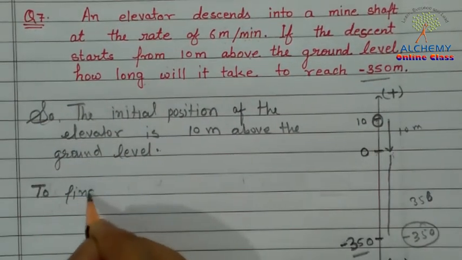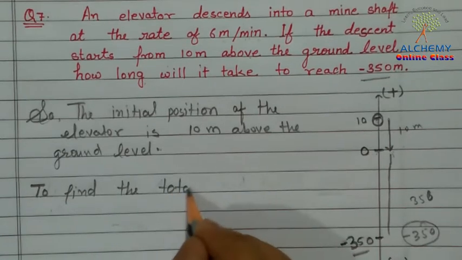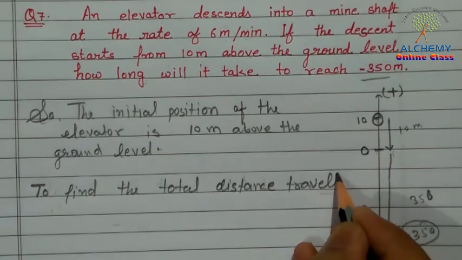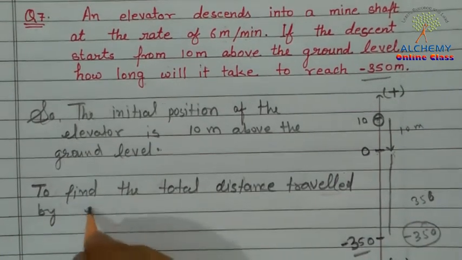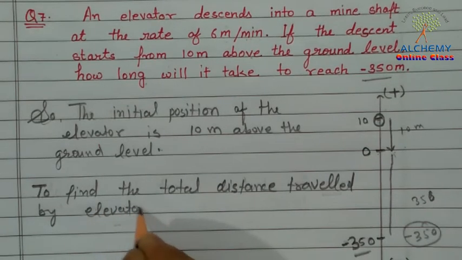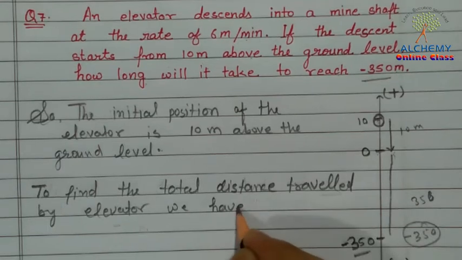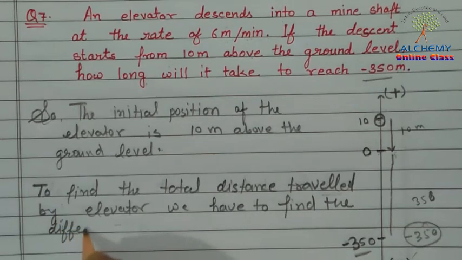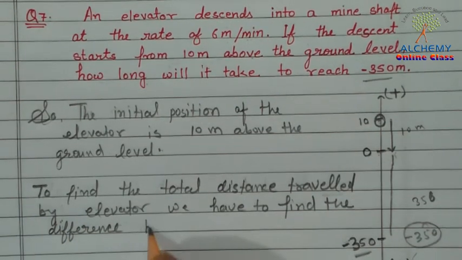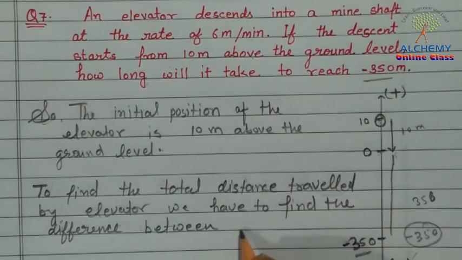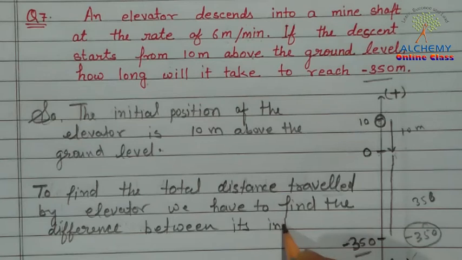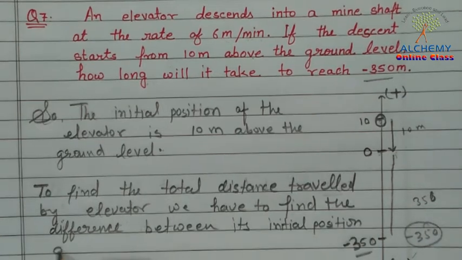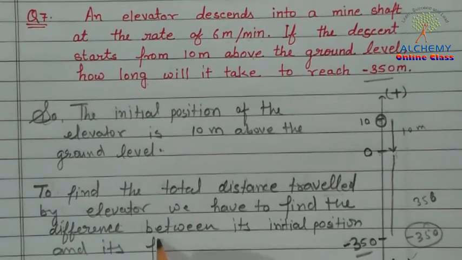To find the total distance traveled by the elevator, we have to find the difference between its initial position and its final position.